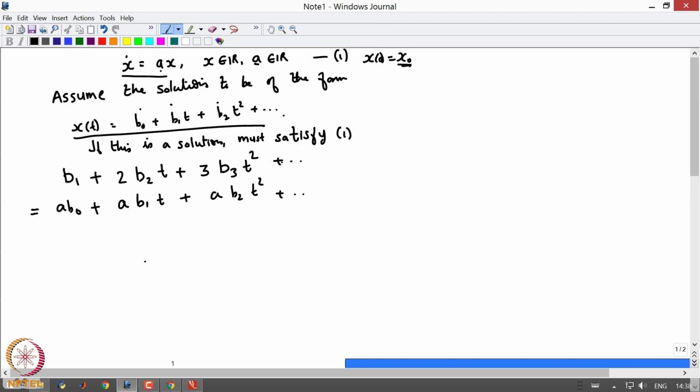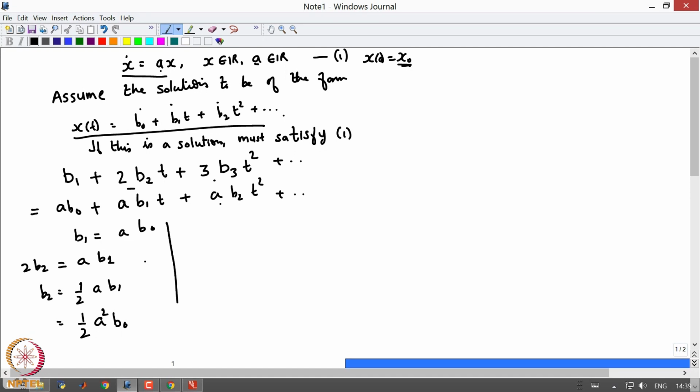I just equate the left and right side, and then the coefficient corresponding to t square should be equal, similarly the coefficient corresponding to t should be equal and so on. So, the first thing would give me that b1 is a times b naught, and the second expression will give me twice b2 is a b1, or b2 is half a b1, and what is b1? b1 from here is a times b0.